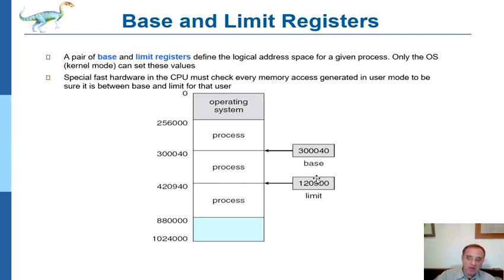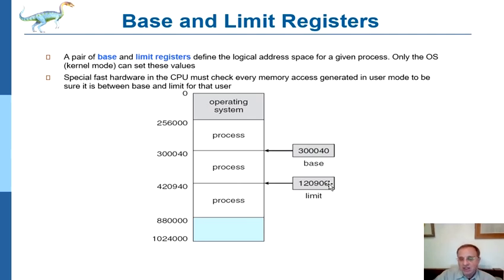So in other words, it has to be within that range. This is the added amount of addresses that you can go to, which is until 420,940. So that's the limit register, how far it can go from the beginning.